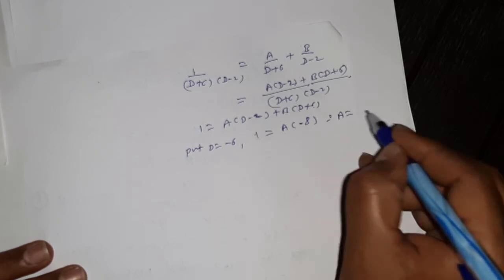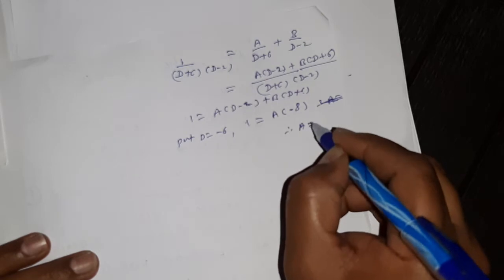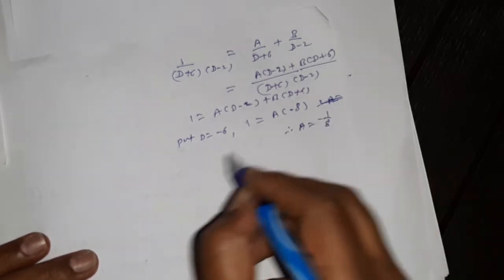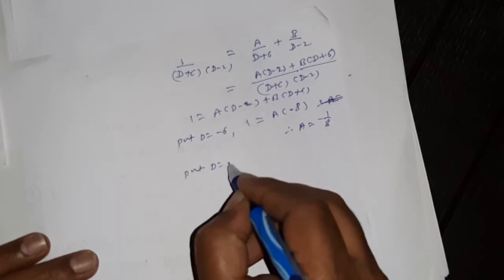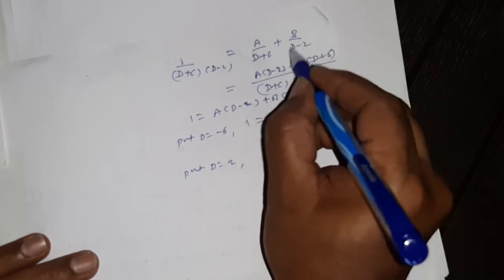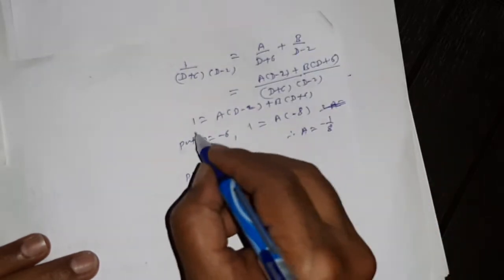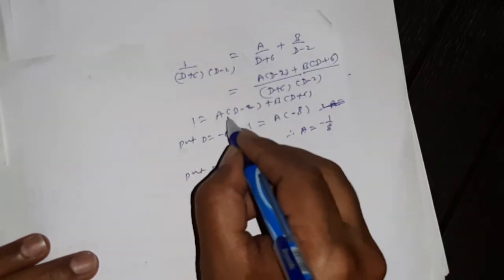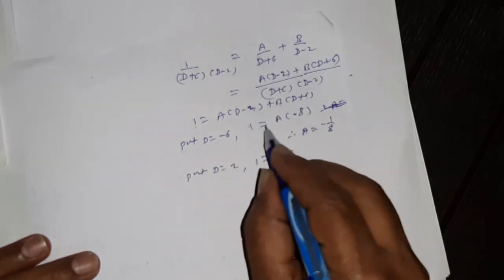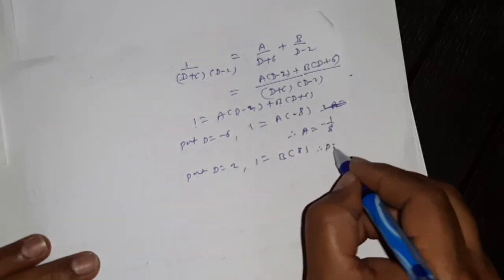Therefore A is equal to minus 1 by 8. Then put D equal to 2, the root of the factor D minus 2. So LHS is 1, RHS: the A term is 0, and the coefficient of B is 2 plus 6, which is 8.